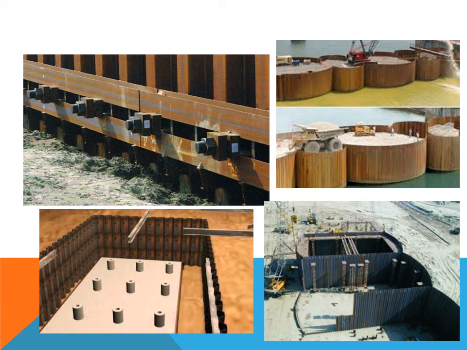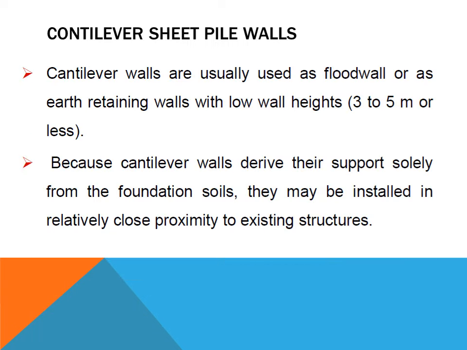Alright, now let's have a look at the pictures. The first picture on the left is the bulkhead of the sheet piles. The bottom one is the cofferdam in the single cell, the following one is the cofferdam in the cellular type, and the last one is the cofferdam in the different types.